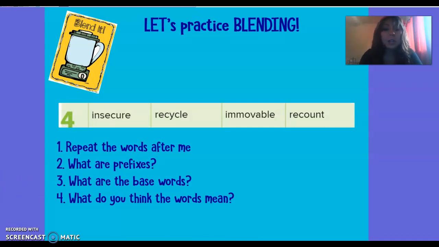Same thing. You're going to repeat the words after me. You guys are doing so good. Super good. All right. Insecure. Recycle. Immovable. Recount. Good. Go ahead and identify the prefixes in line 4.